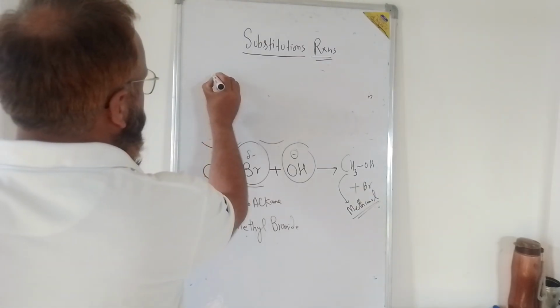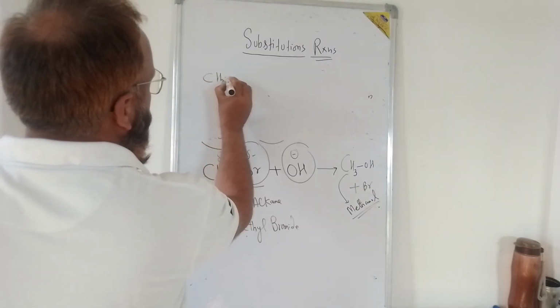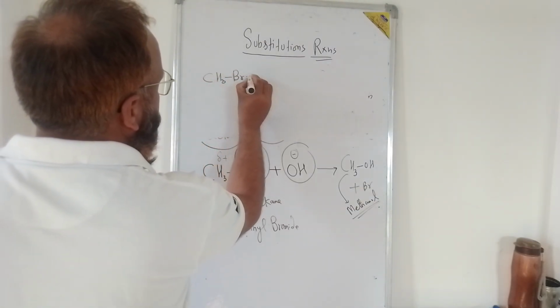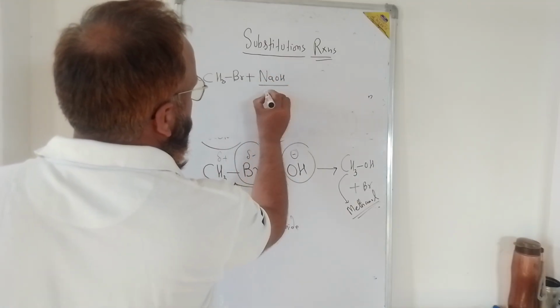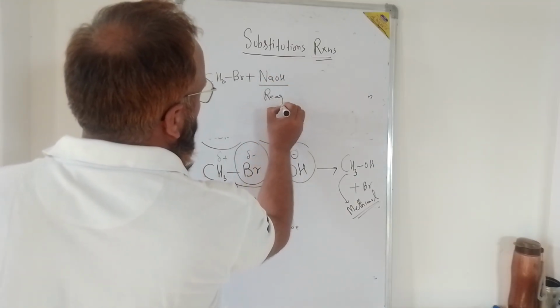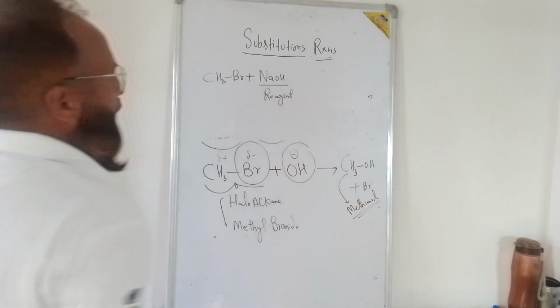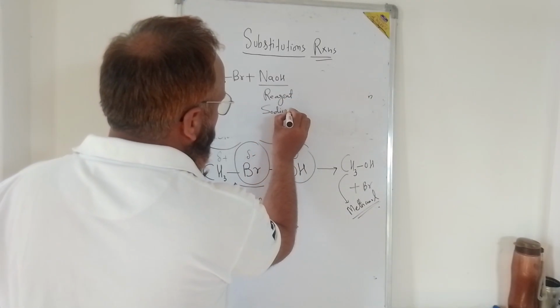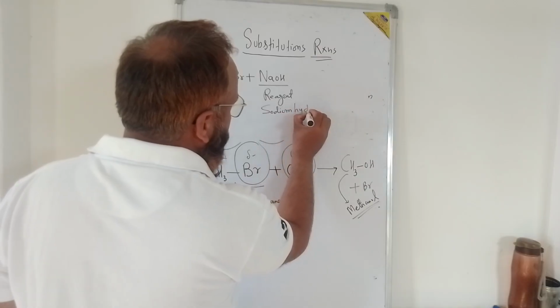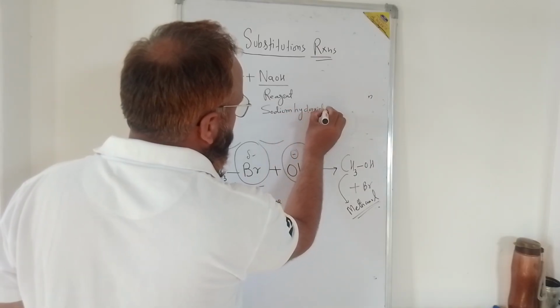So CH3Br plus NaOH. NaOH is the reagent. That's known as sodium hydroxide, and sodium hydroxide gives OH negative.